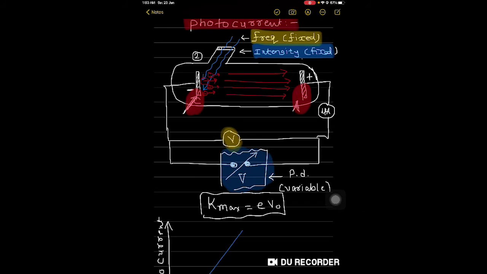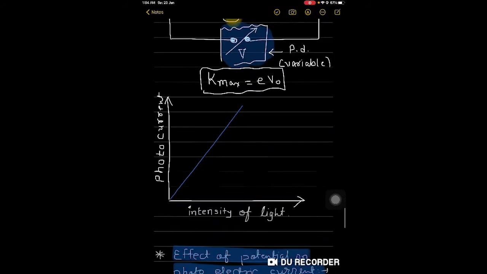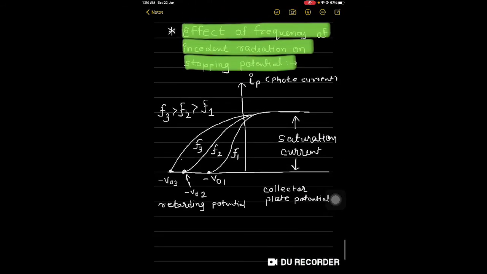We suitably adjust some intensity of light radiation at various frequencies and study the variation of photocurrent with collector plate potential. The resulting variation is shown in the figure here.